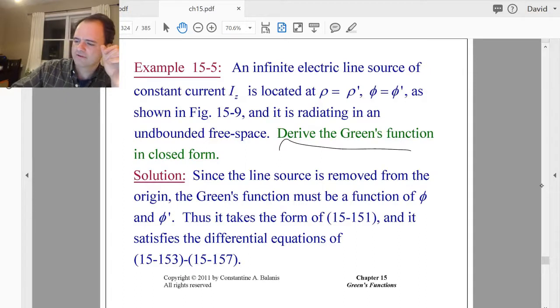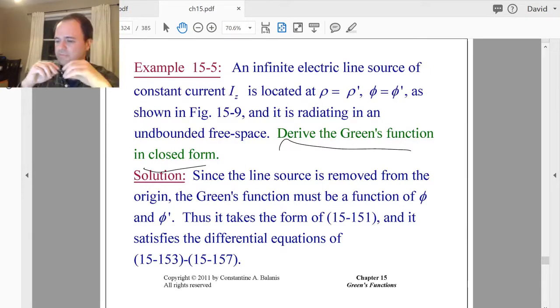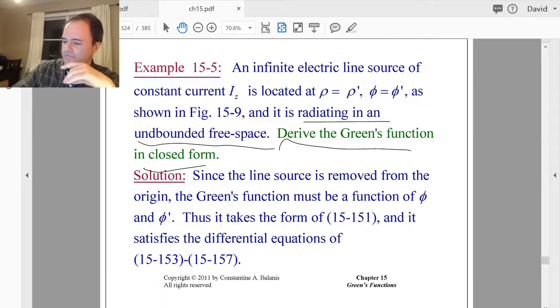Derive the Green's function in closed form. So since the line source is removed from the origin, it's radiating in unbounded free space. All right, so there are no walls for this example. So since the line source is removed from the origin, the Green's function must be a function of phi and phi prime, and it must take the form of 15-1.